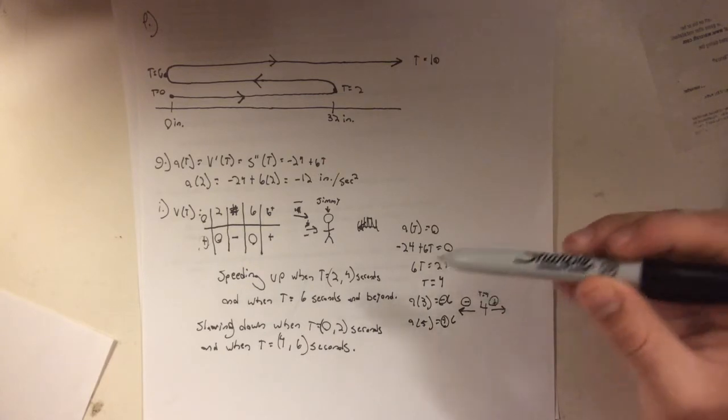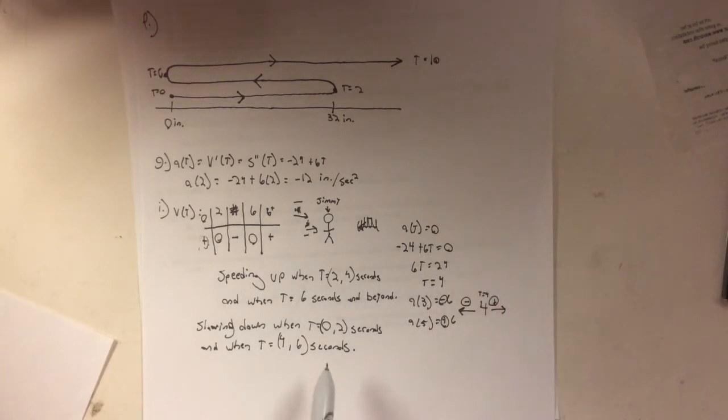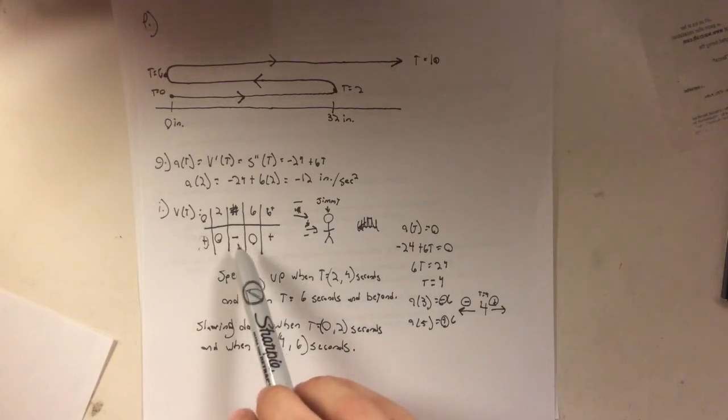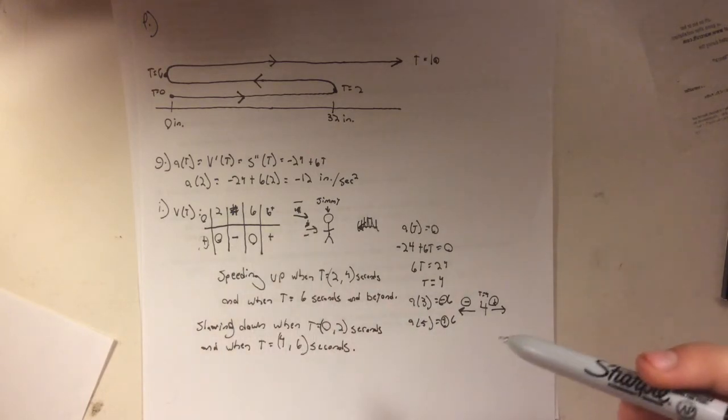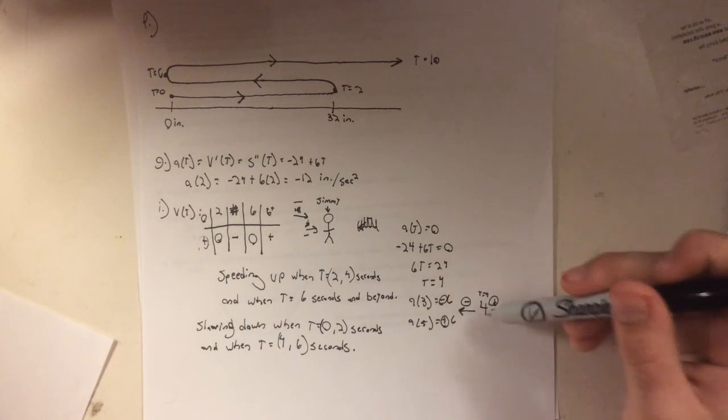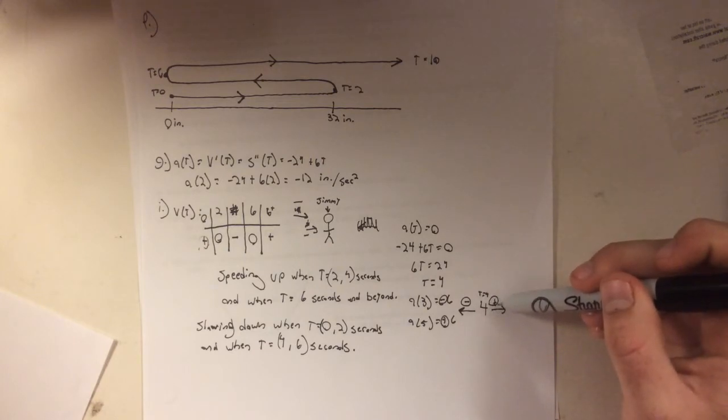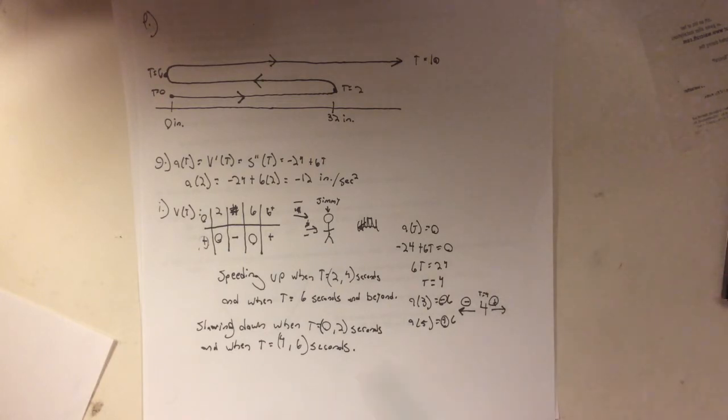And those are negative and positive, different signs. So, when t is in between 0 and 2 seconds, it's slowing down. Also, in between 4 and 6 seconds, if we look at the velocity function, it's going to be negative. However, anything after 4 in the acceleration function is going to be positive. Again, different signs. So, when t is in between 4 and 6 seconds, the particle is going to be slowing down.